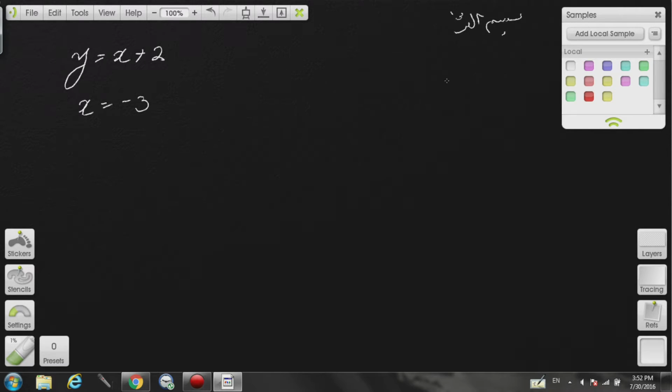In other words, we are asked to solve this system of linear equations. When you solve a system of linear equations, you're looking for an ordered pair, if it exists, that's common to both, the point of intersection.